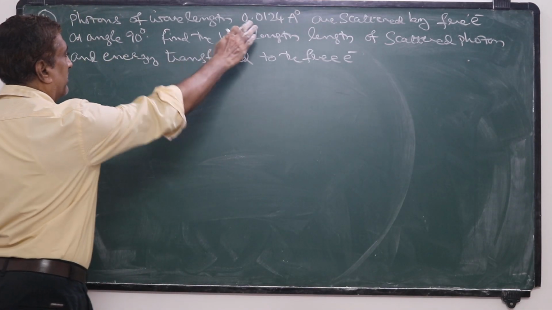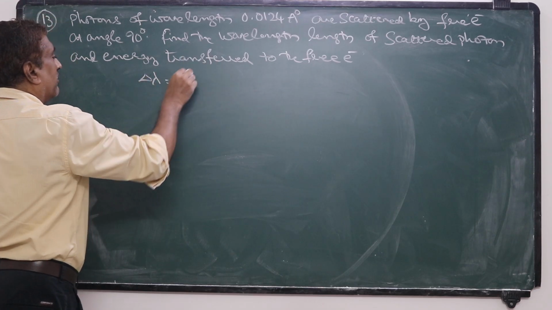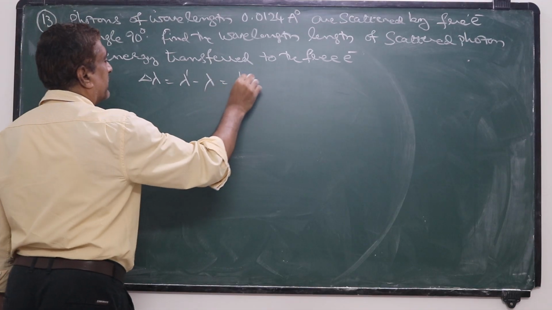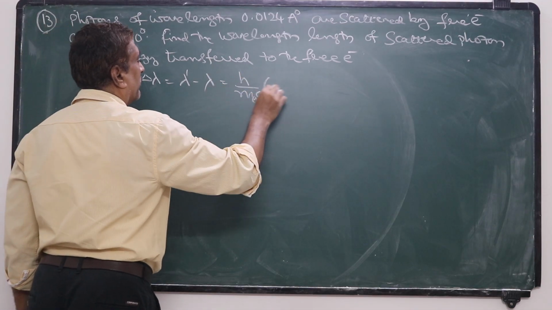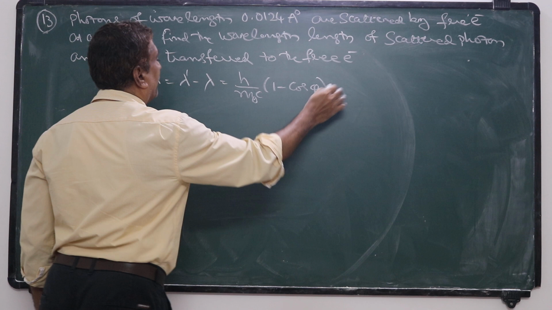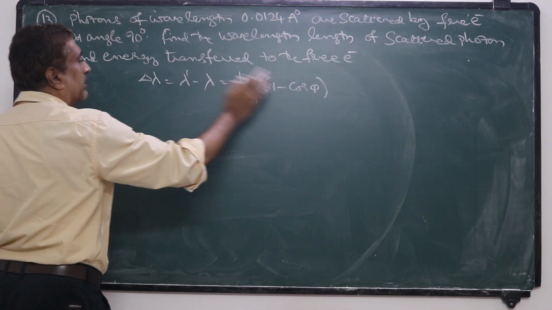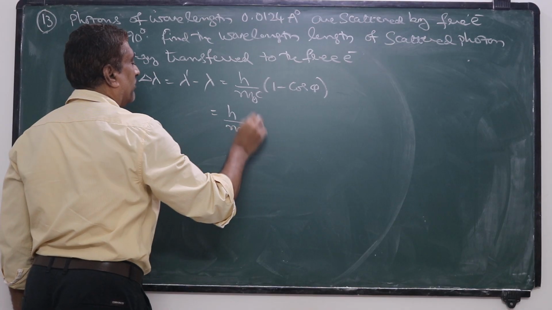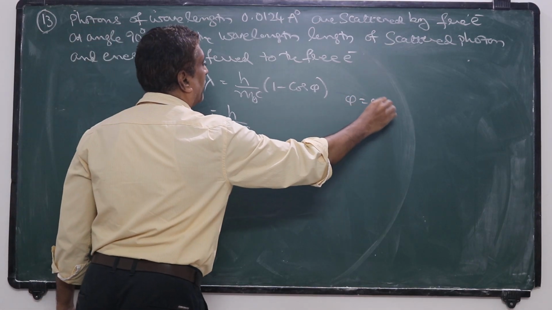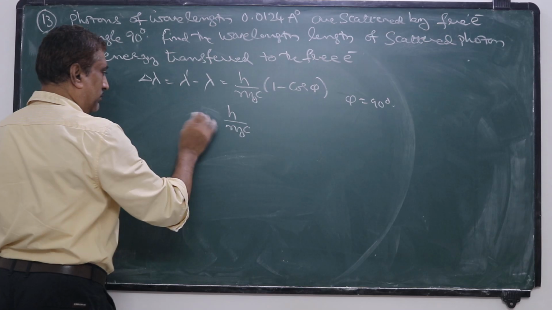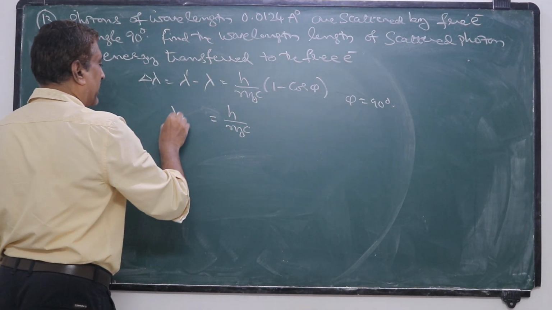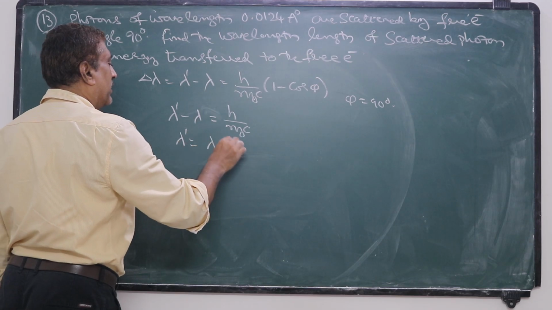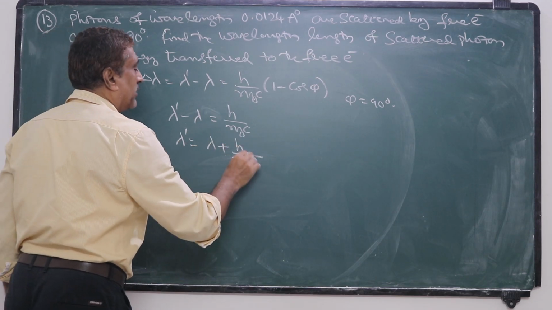So we have the shift delta lambda equal to lambda dash minus lambda, and this we can calculate as h by m naught c into 1 minus cos phi. Given phi is 90 degrees, cos phi is 0, so this is equal to h by m naught c. So lambda dash is equal to lambda plus h by m naught c.